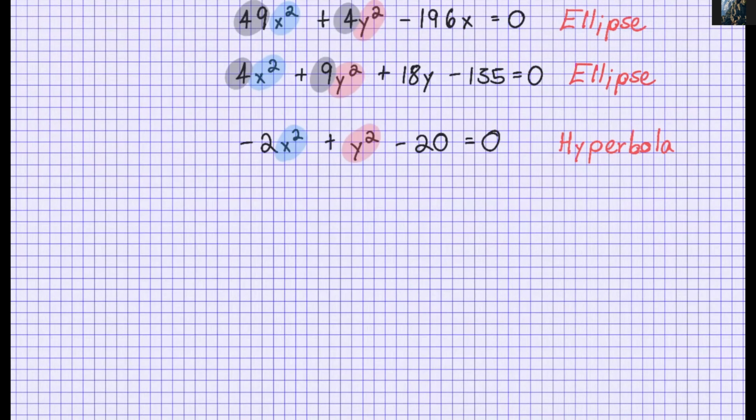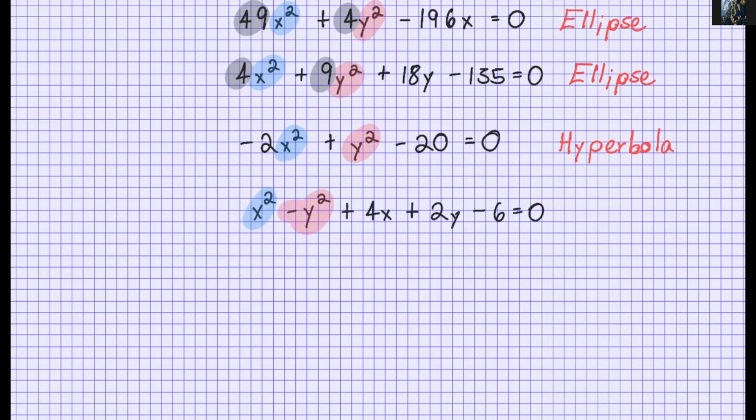Another variation will look something like this: x squared minus y squared plus 4x plus 2y minus 6 equals 0. Exactly the same way as before, x and y.